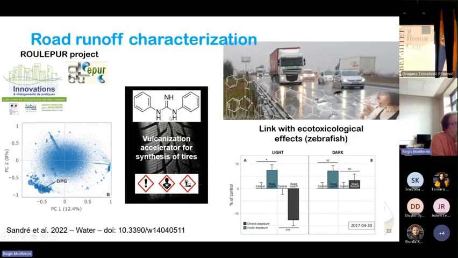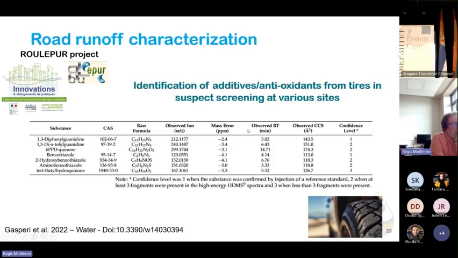And this molecule is released by the tires when it's raining, and it's going to the water and to the soil. And we showed also with some colleagues that it can be associated with some ecotoxicological effects on zebrafish. So it's important to analyze this and to show it's present in the samples.